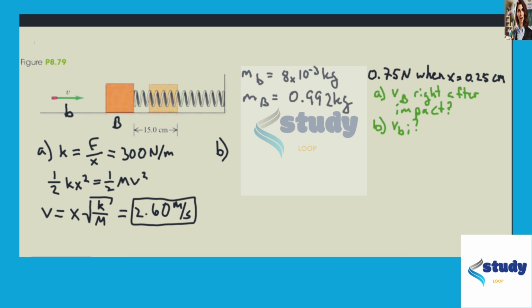So the speed of the bullet is going to be equal to the ratio of the two masses times the speed it was going after the impact. And this ends up being 325 meters per second.